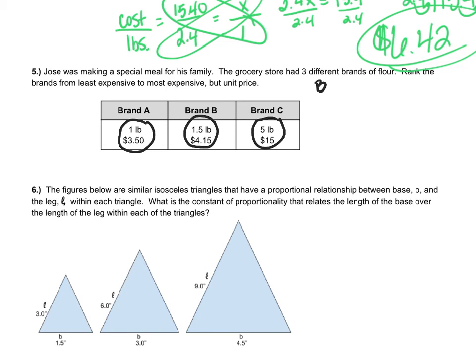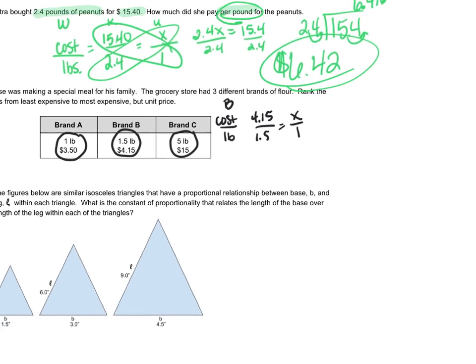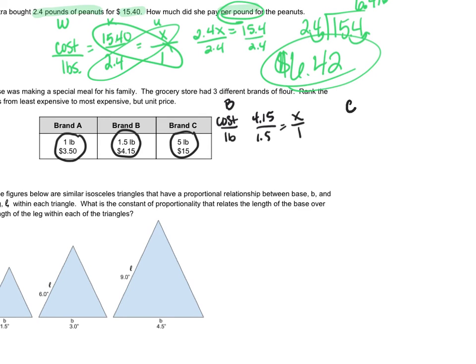So let's do brand B. I'm going to say cost over pounds. So 4.15 over 1.5 equals x over 1. That's brand B. And brand C is going to be the same thing: cost over pounds, 15 over 5 equals x over 1.